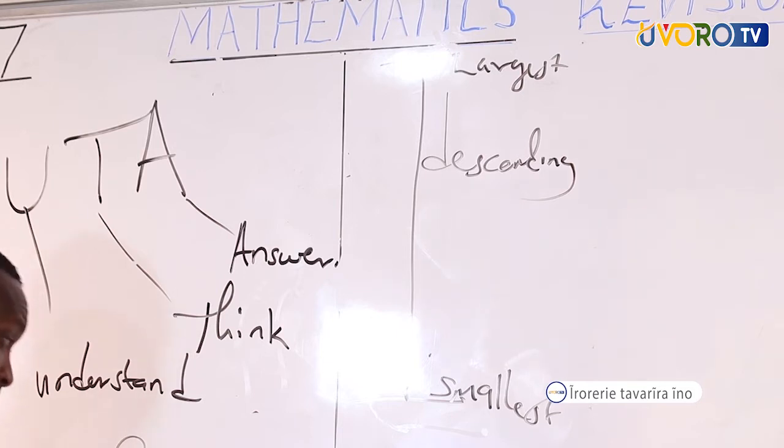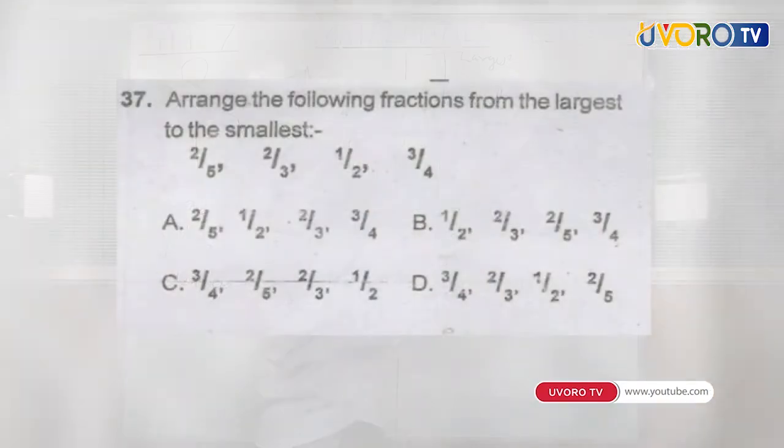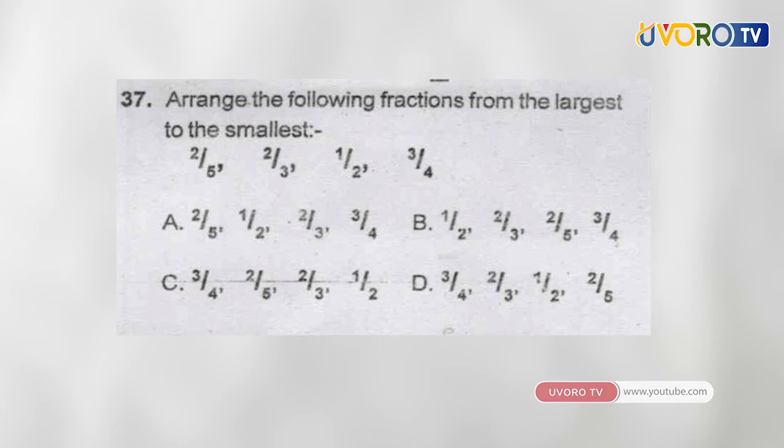Now, the numbers are 2/5, 2/3, 1/2, 3/4. We as pupils in class 7 are not supposed to feel worried about this sum.